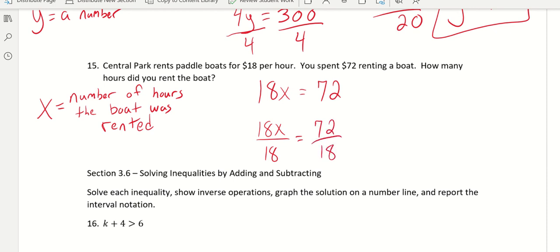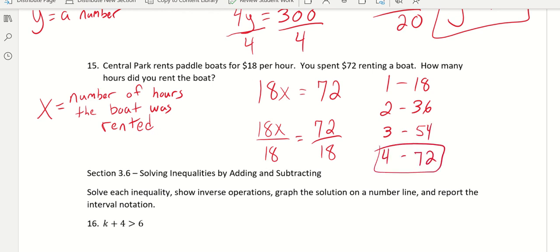All right, so 18 times 1 is 18. 18 times 2 is 36. 18 multiplied by 3 is going to be 54. 18 multiplied by 4 is going to be 72.